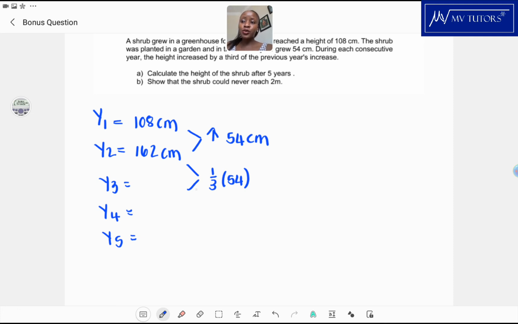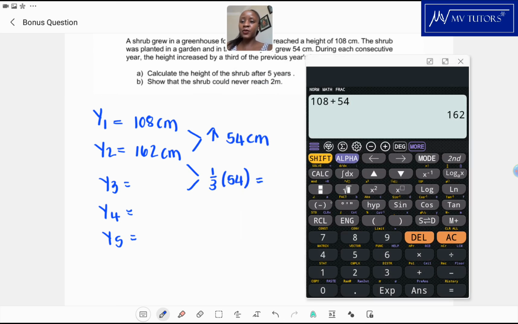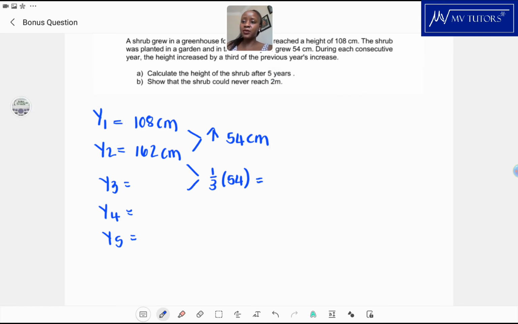So now I need to know what a third of 54 is. A third of 54, that is 18. So 18 centimeters. From year 1 to 2, it grew by 54 centimeters.